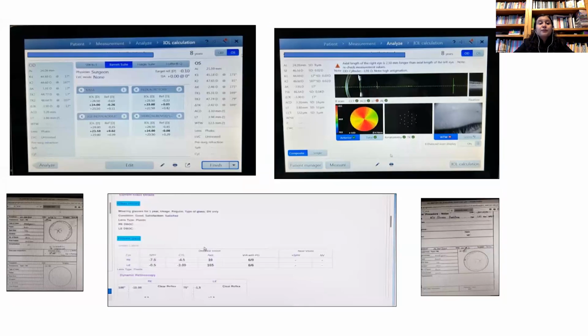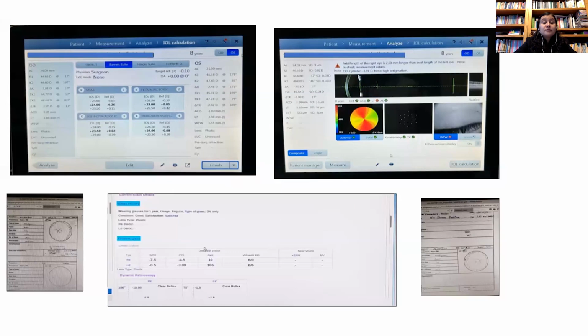This is another example of an 8-year-old girl who had laser photocoagulation at 1 month. In the right eye she has minus 7.5 sphere and cylinder of minus 4.5 at 10 degrees, and in the left eye she has just minus 0.5 sphere and high cylinder of minus 3 at 165. On biometry, the right eye has an axial length of 24.09.